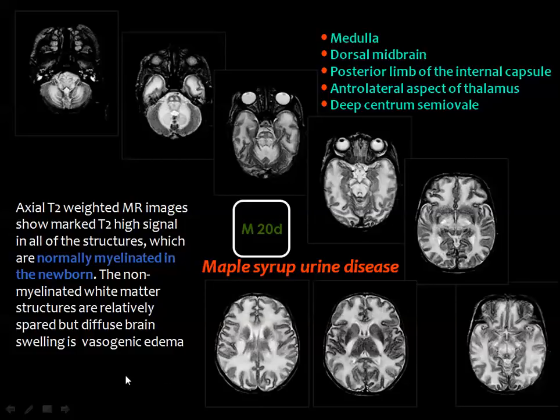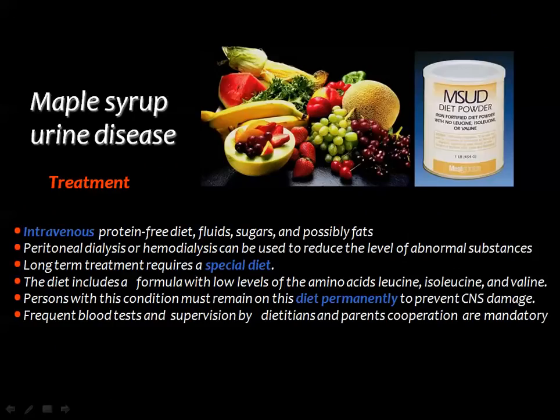These structures, which are normally myelinated at birth, appear of very high signal, and this means that they are affected by vasogenic edema. While the unmyelinated white matter normally will appear of high signal due to the increased water content, as I have mentioned before.